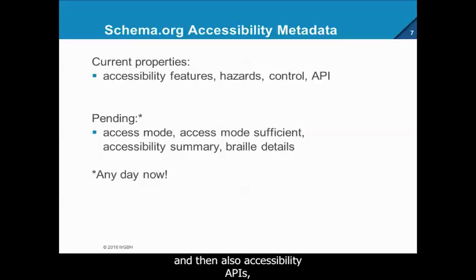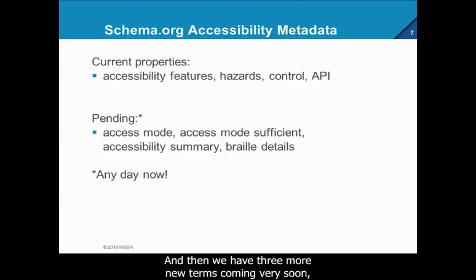And then also accessibility APIs, especially for interactive activities or for applications more so than for books. You might want to say that this resource follows the macOS Accessibility API or the Windows Accessibility API so that users on those platforms will know that it's accessible for them if they're using assistive technology.